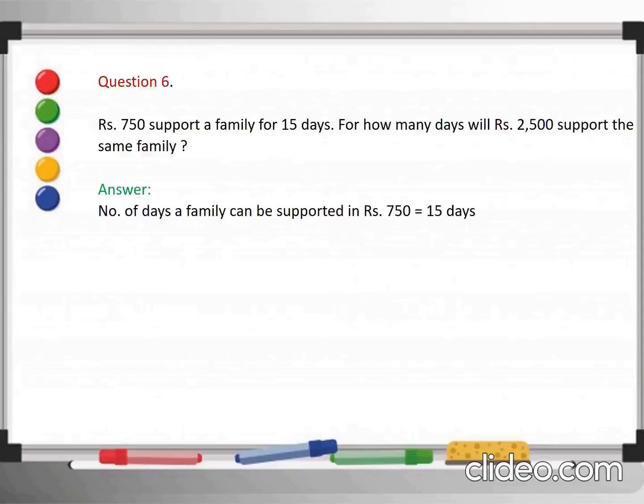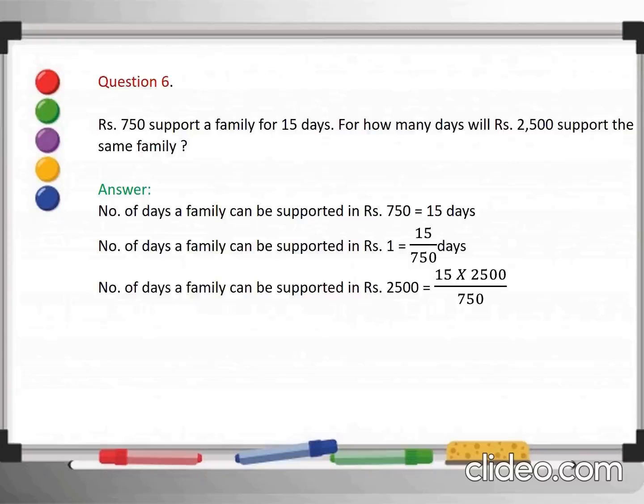Number of days a family can be supported on rupees 1 equals 15 upon 750 days. Therefore, number of days a family can be supported on rupees 2500 equals 15 into 2500 upon 750.